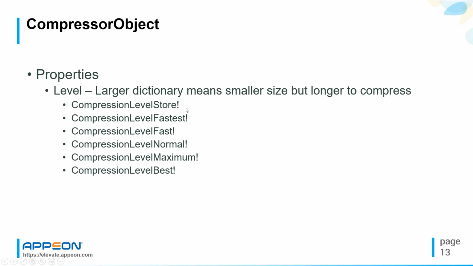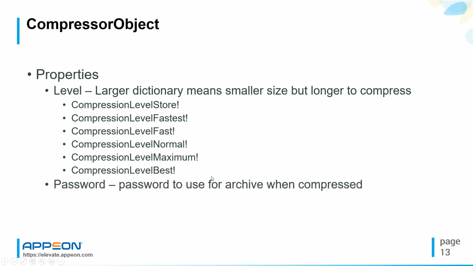That just takes, like if you said it's like the tar format, but you could do the same thing with the other formats as well. You could say compression level store, and then it won't compress the files. It will just combine them into a single file. And then there's a spectrum from that up to best. So these are faster. That's why they're called fastest and fast. And these are more highly compressed, which is why they're called maximum and best.